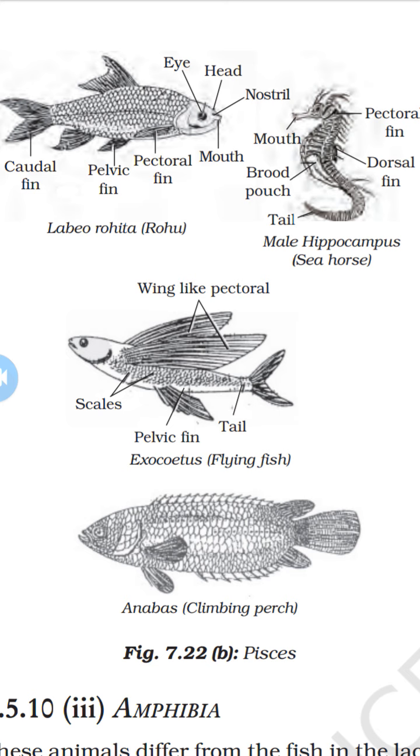The body is streamlined, and a muscular tail is used for movement. They are cold-blooded, and their heart has only 2 chambers.